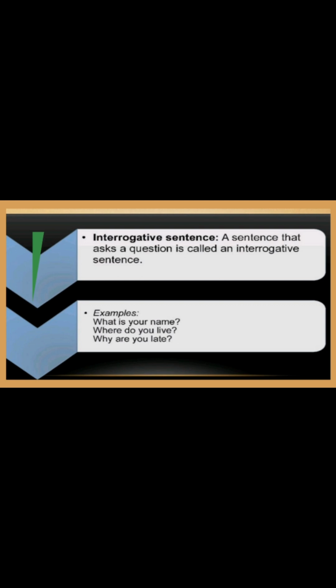Interrogative sentences end with question marks. They can also start with question words, like in these examples. What is your name? Where do you live? Why are you late? These three sentences are interrogative sentences.